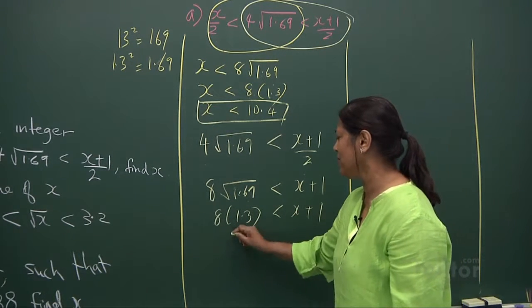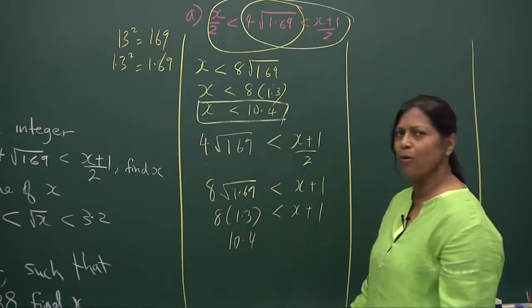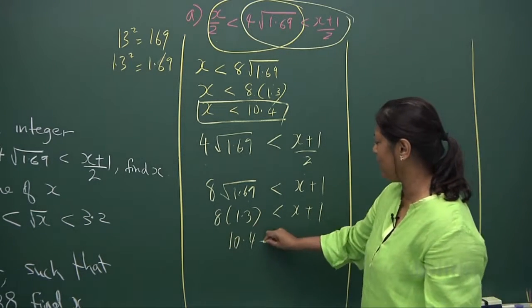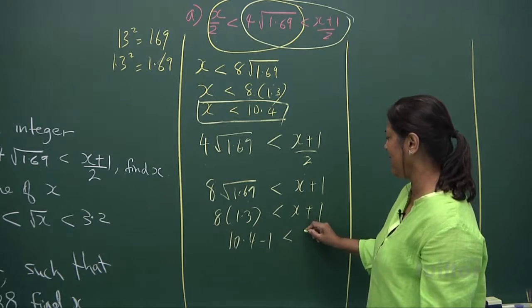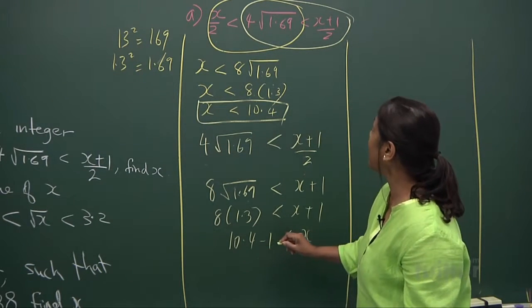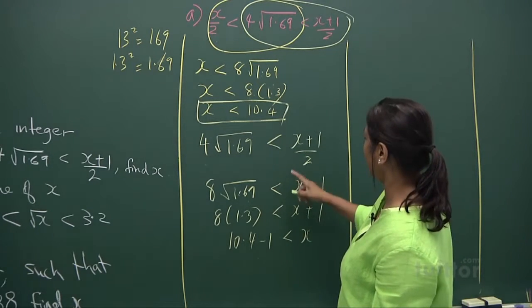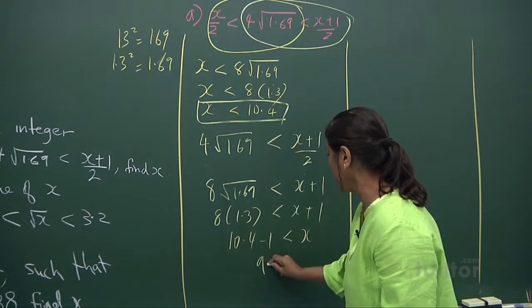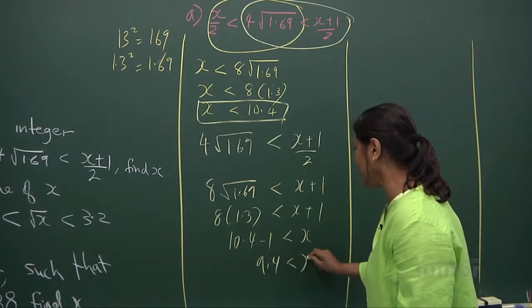Multiply by this, you get 10.4. And bring the 1 over, and you can say x, 9.4. This is smaller, so you get 9.4 is smaller than x.